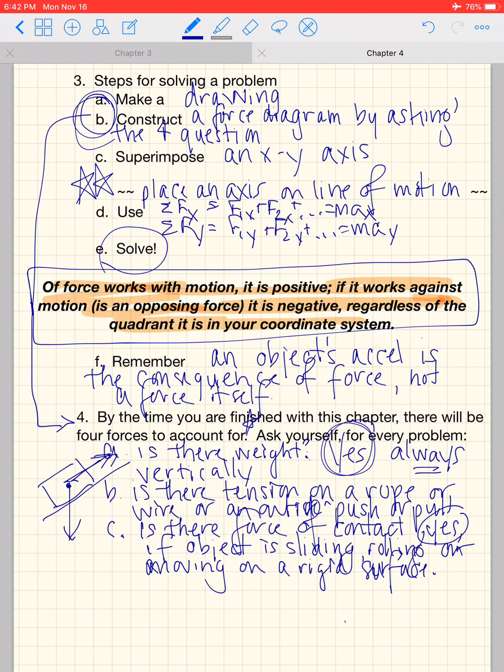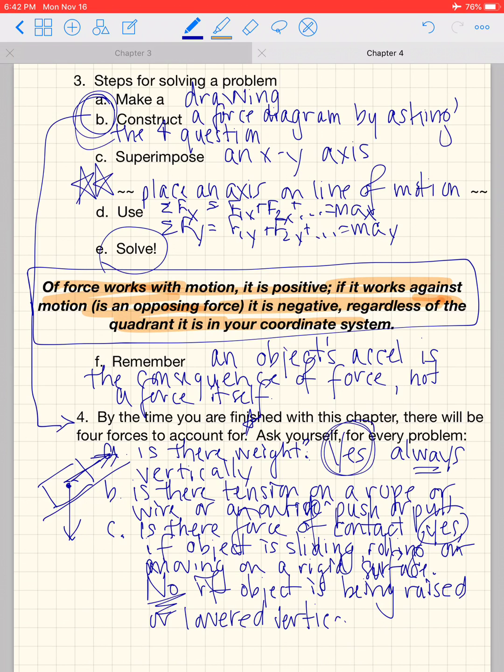The answer is going to be no if the object is being raised or lowered. So it's really important here. No, if the object is being raised or lowered vertically. And let me talk to you then about this example that I gave you before.